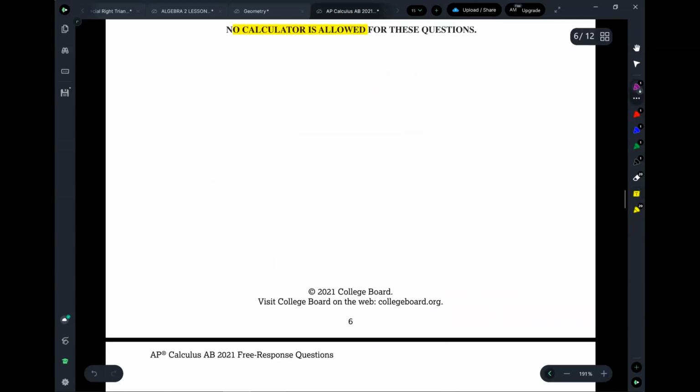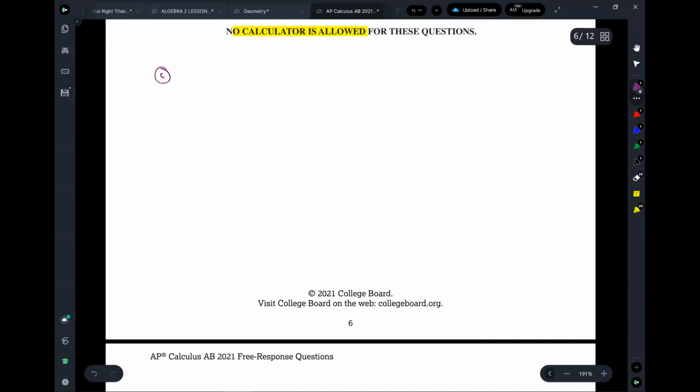So for part C, the volume is pi times the integral from 0 to 2 of f of x squared dx, so (cx times the square root of 4 minus x squared) squared dx.